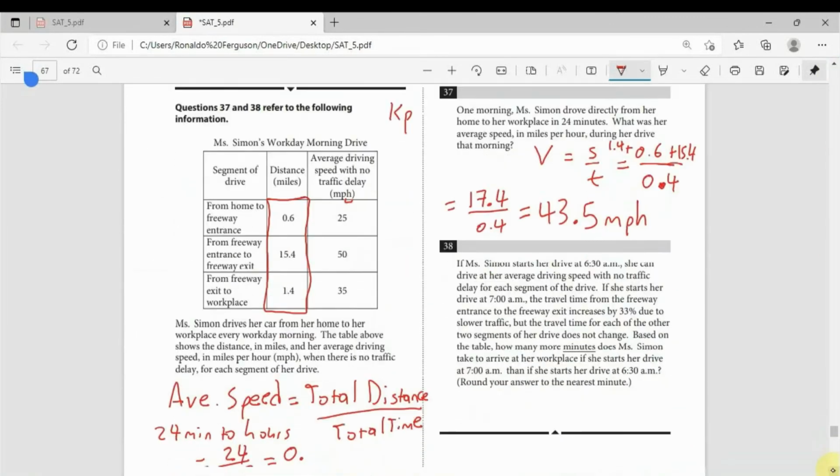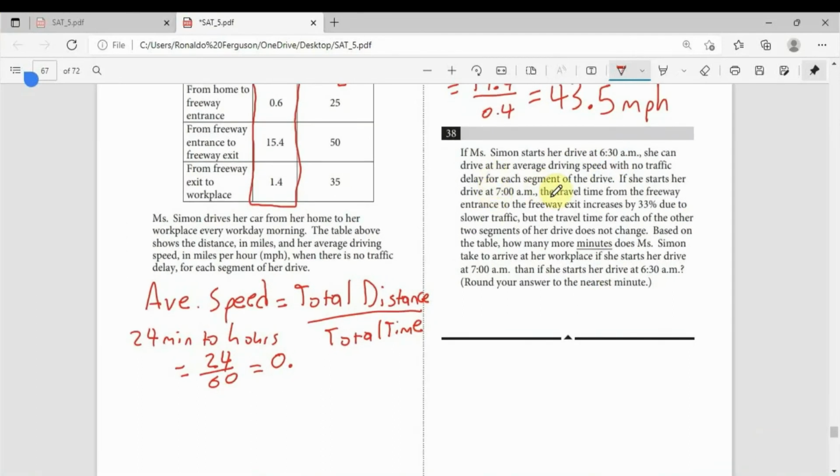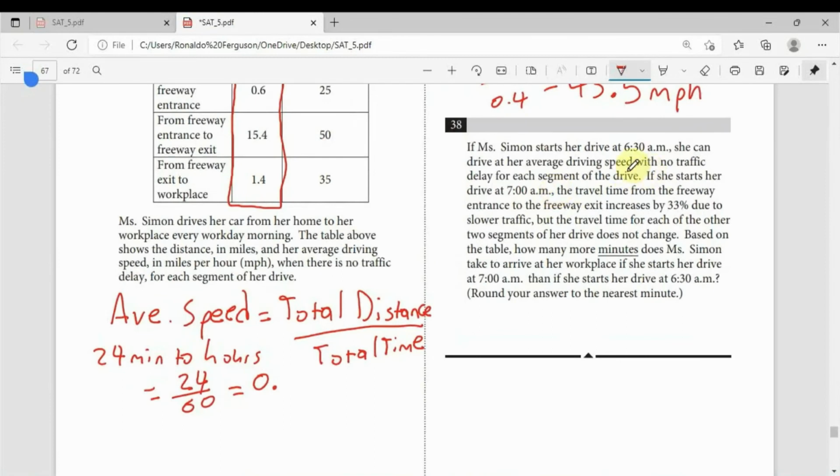So let's look at the last part now, guys. It says if Miss Simmons starts her drive at 6:30 in the morning, she can drive at average speed with no traffic delay. So at 6:30 in the morning, she doesn't have to worry about traffic.